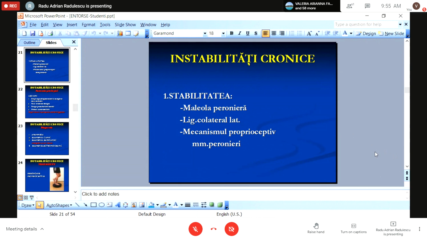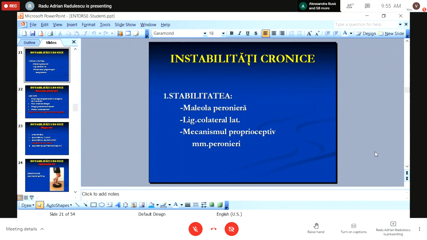That's first of all because the lateral collateral ligament doesn't heal properly, so its function of maintenance of the stability doesn't exist anymore. And besides this, the proprioceptive mechanism of the peroneus muscle tendons is also inactive. What does this mean? You know, when an ankle is forced in a varus position, what prevents the sprain is, of course, first of all, the mechanical resistance of the lateral collateral ligament.